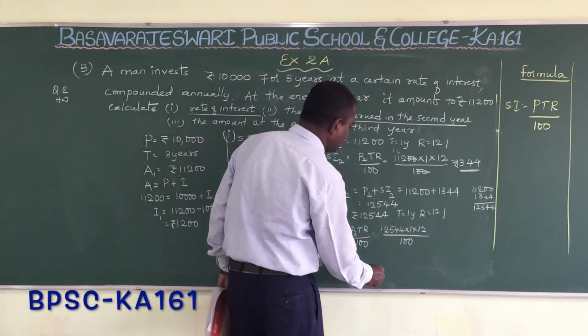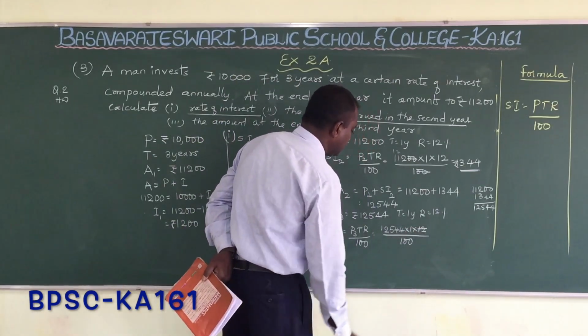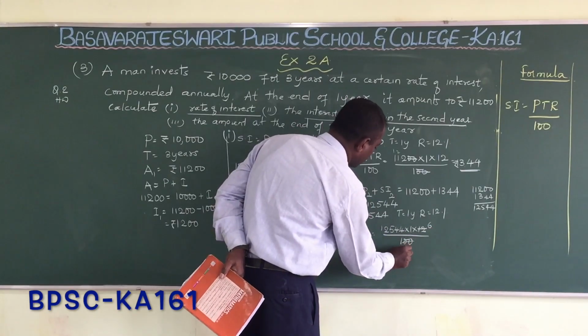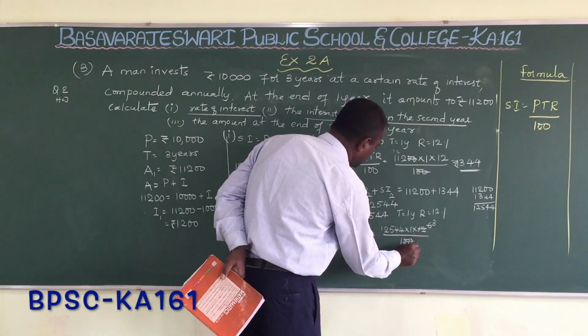So cancellation we can do. 12 6 2 6, 2 5 0 2 3, 225.